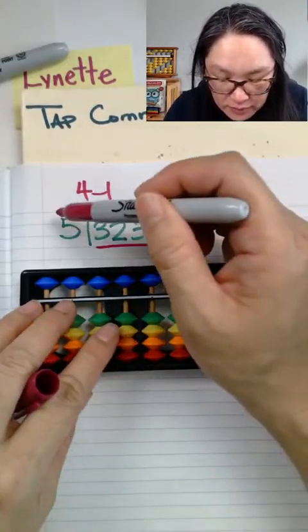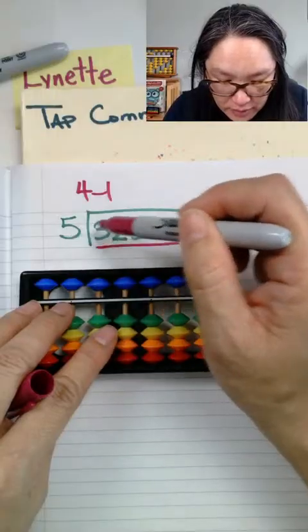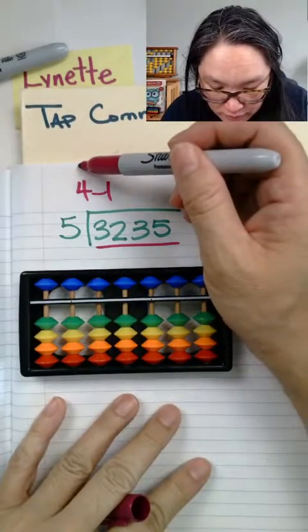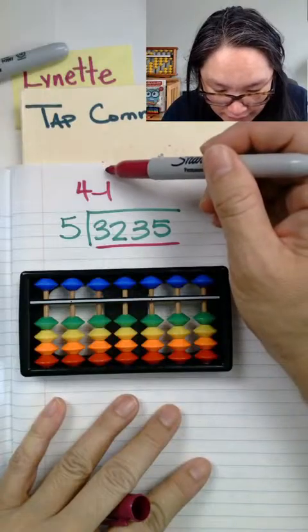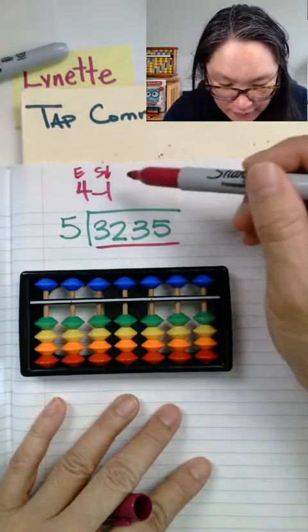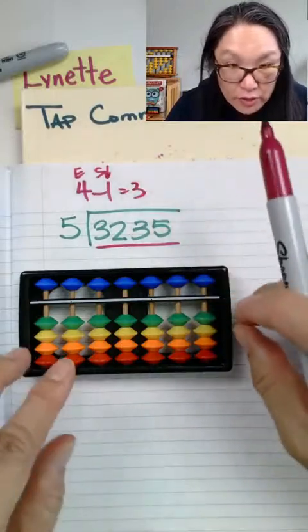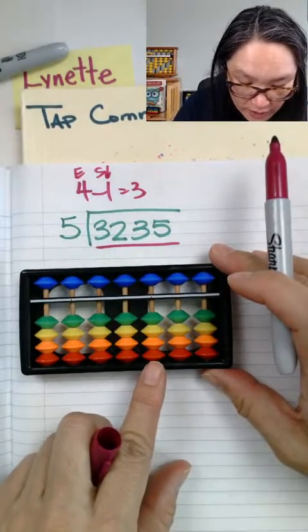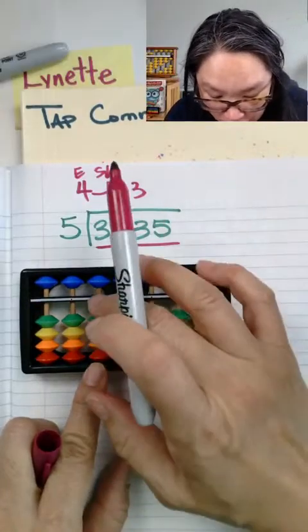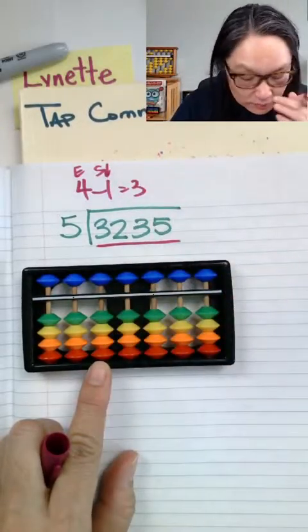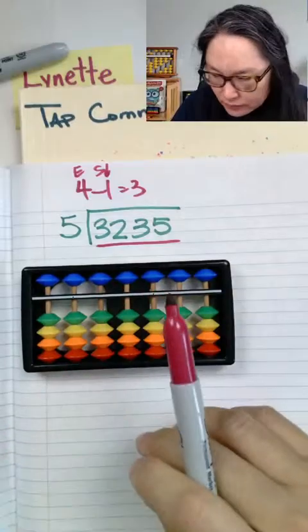So I have my divisor and dividend. My divisor is 5 and my dividend is 3,235. So we're going to go to the third placement: 1, 2, 3. So now we're at the hundreds. My answer is going to be at the hundreds.